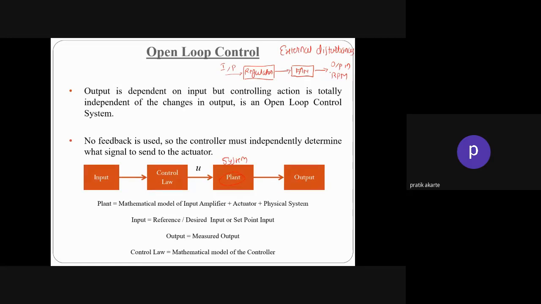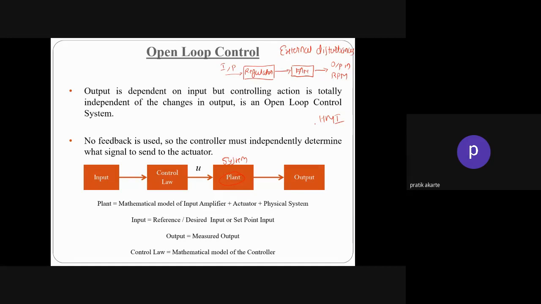But if we interface a human with this system, HMI, human machine interface, what happens in this case? This will be a closed loop control system. Suppose I am sitting in my cabin and it is very hot outside, like in March or April, and the temperature is very high.